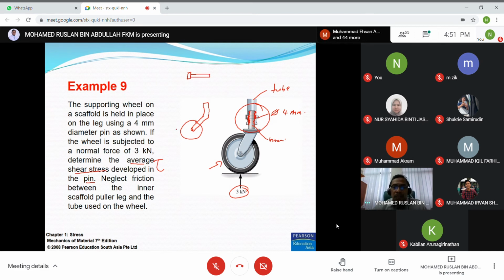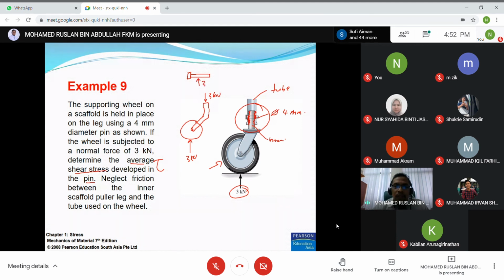So this is 3 kilonewton. If here is upward, here must be downward, 3 kilonewton. So at the pin it is this one.